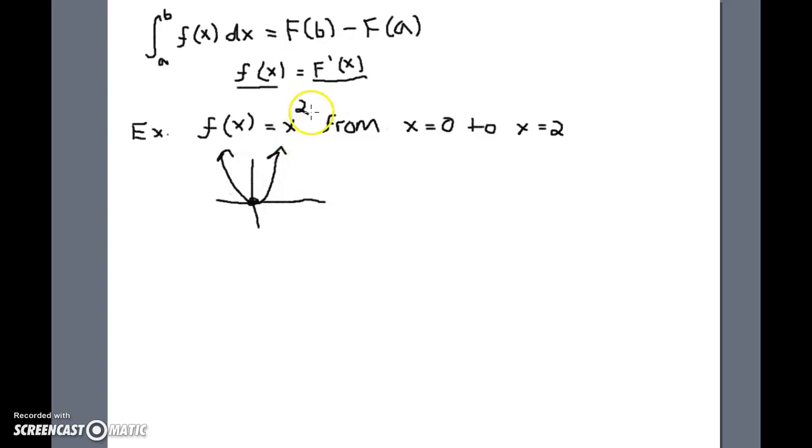And then when you plug in 2, you get 4, so we'll just say that point's right about here. So here's 4, and 2's right about here. So we are trying to find the area under the curve from 0 to 2. So we're trying to find this area right here.